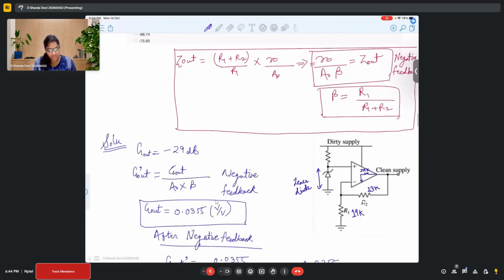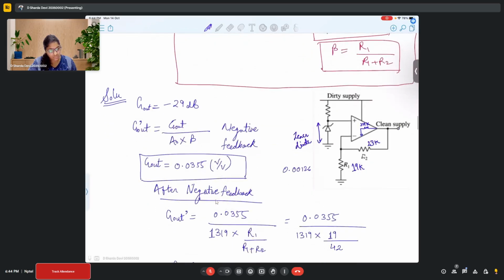Okay, so what are you getting? You are getting 0.00126. So, what about others? Did anyone else also calculate this? Maybe I will try once again.